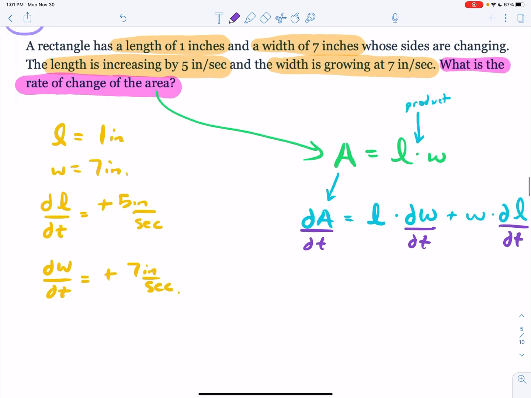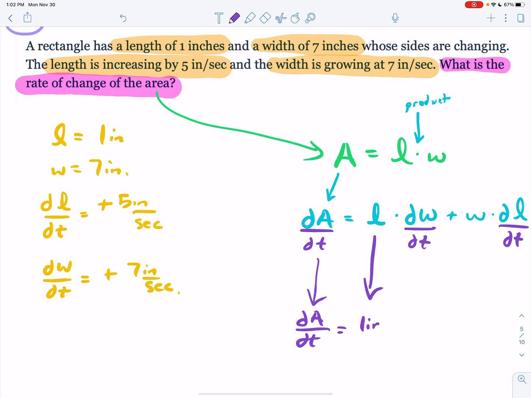Okay, what is the rate of change of the area? It's easy enough because what we're looking for is already isolated, so we'll just bring that down. Now L, what's our length here? Our length is 1 inch. I'll just put 1 for now. Actually, you know what?